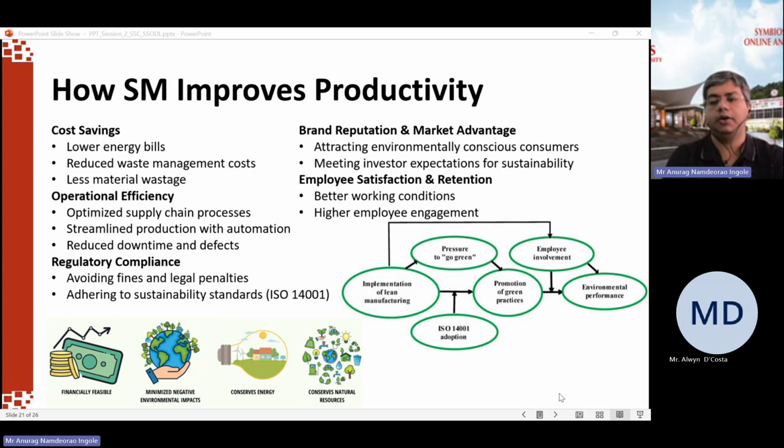And even if you are not aware of the operational costs of your facility, you should, out of curiosity, go and check what the utility bills are that an organization is paying.